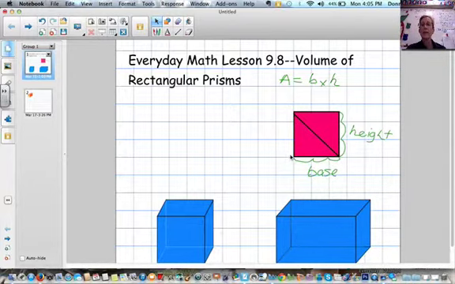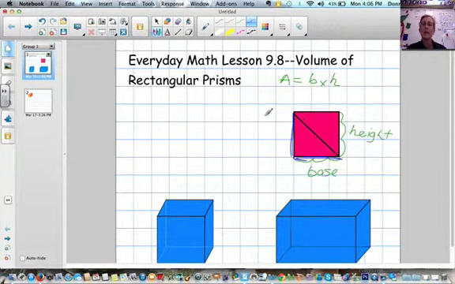And what I can see right away is that, let me pick a different color, let's go with blue, if I look at this right here, I can see that the base and the height are exactly the same for this triangle, and yet I know right away that this right here is not taking up the same amount of space in terms of its area as the square is.